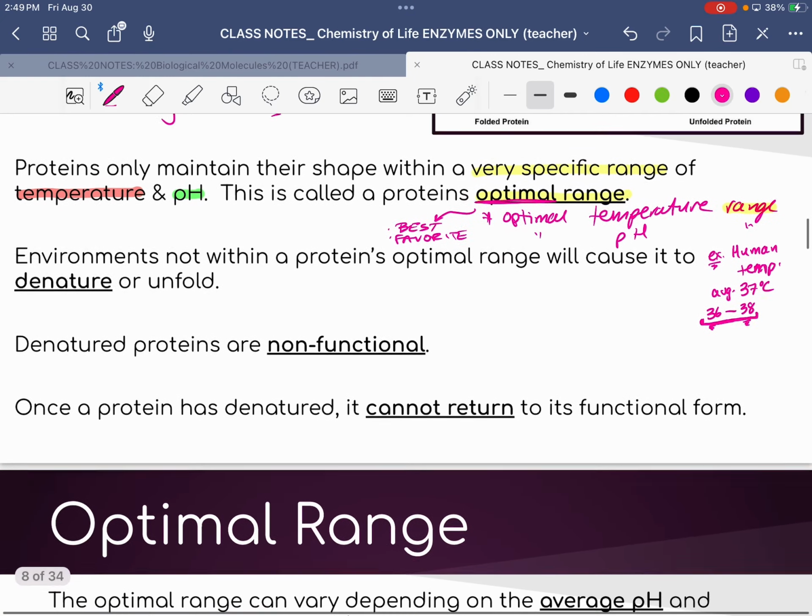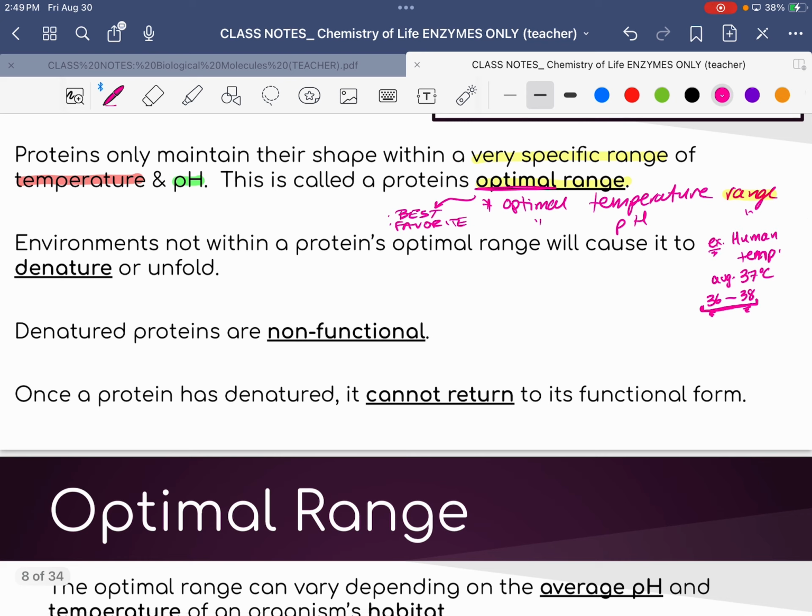Now, if you move outside of that range, then that becomes not very optimal. In some cases, that can cause the protein to become unfolded. And when it becomes unfolded, then it loses its shape.